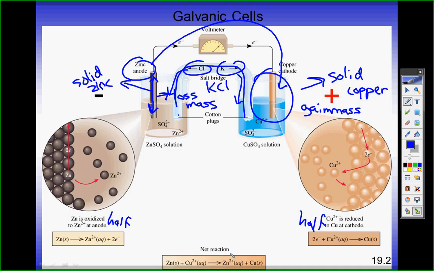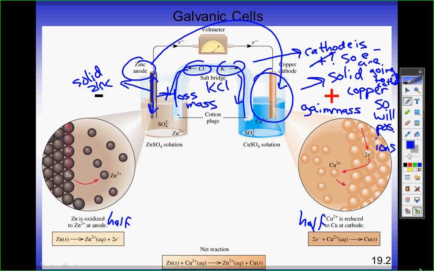Because the cathode is positive, so the potassium is going to go to the cathode. Electrons are going to the cathode, and so will positive ions.